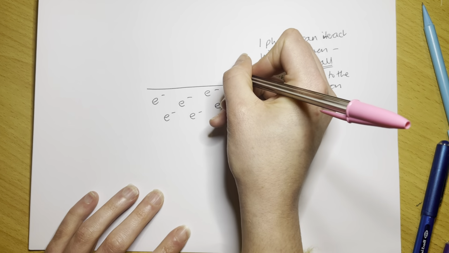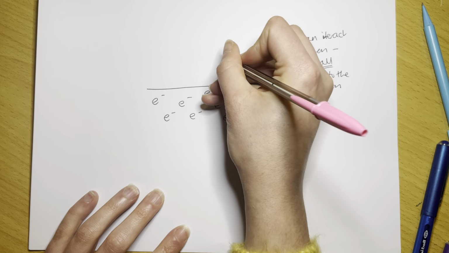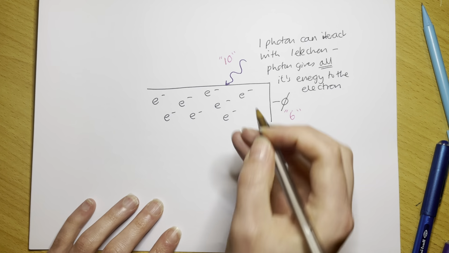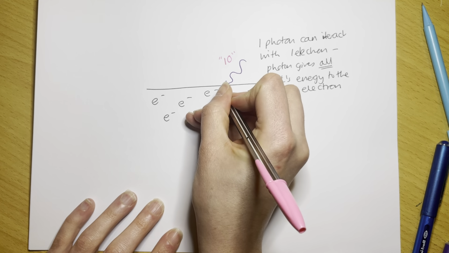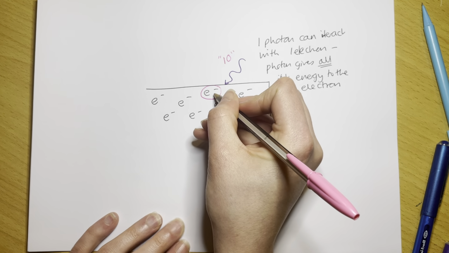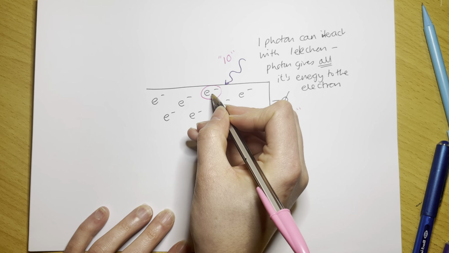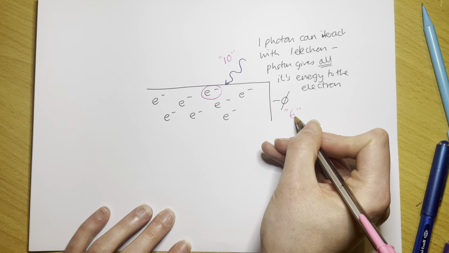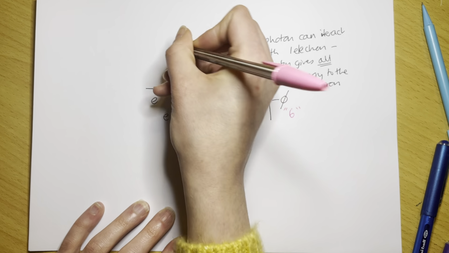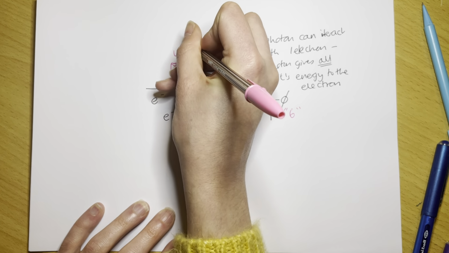And I said that the light had an energy of 10. So if an electron at the surface, this electron here, absorbs this photon, it absorbs 10 units of energy. It's going to use 6 of those to escape the metal because it's at the surface, which means it has 4 left for Ke.